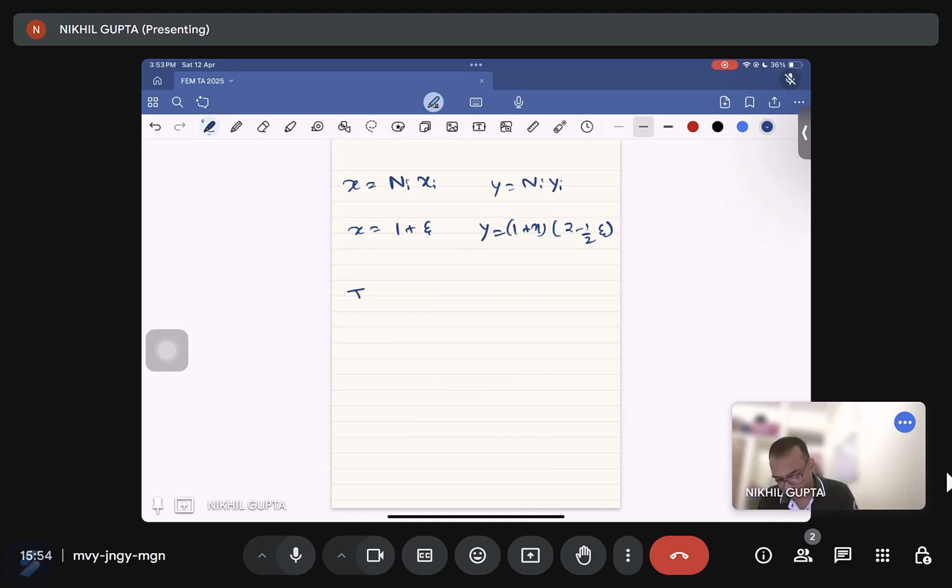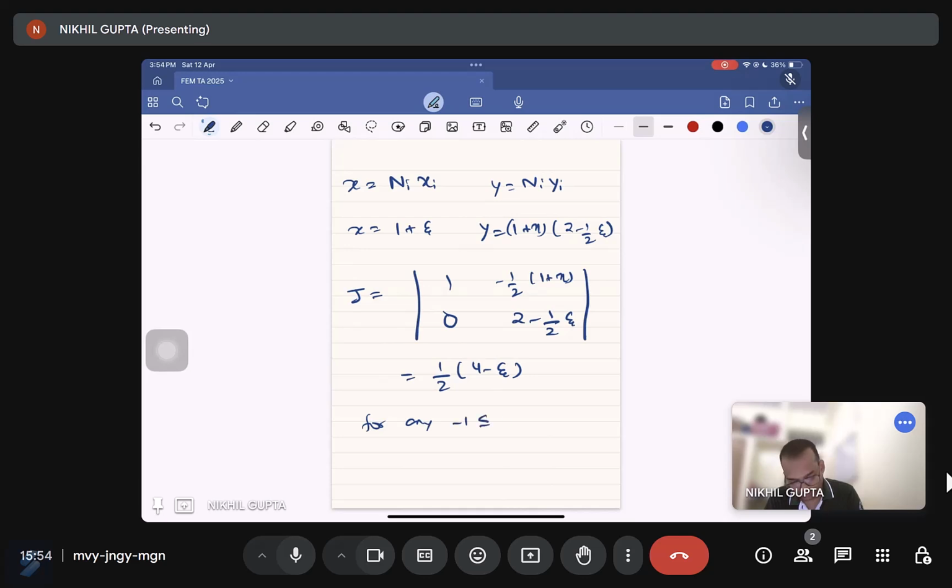Now to write the Jacobian, you will have 1, 0, minus 1 by 2, 1 plus neta and 2 minus half of xi. So when you solve the determinant, you will get half of 4 minus psi. So what we can observe from here is that for any xi from minus 1 to 1, the Jacobian is positive.